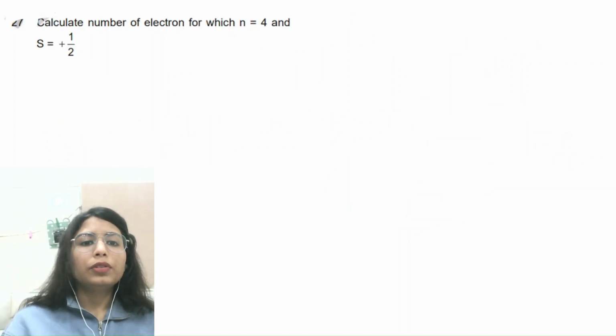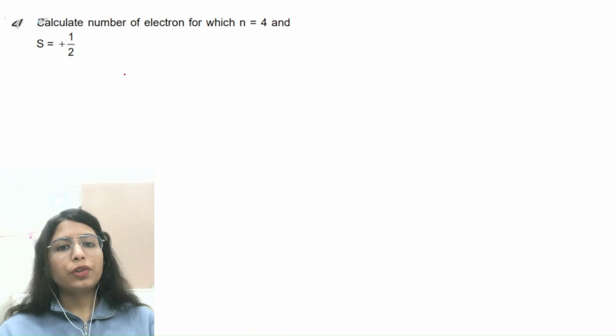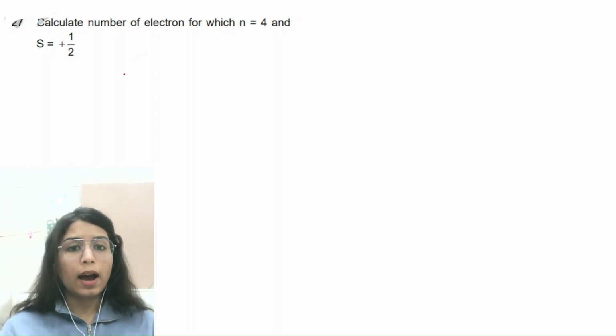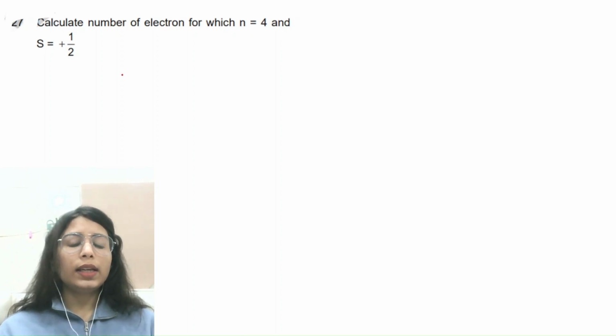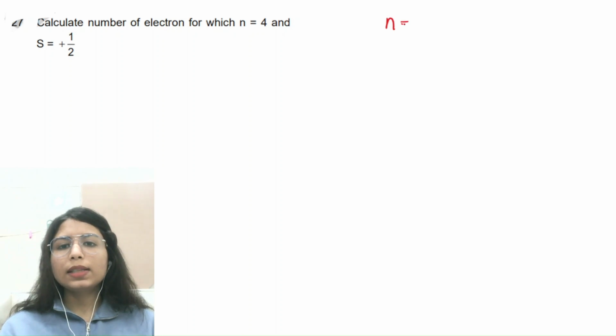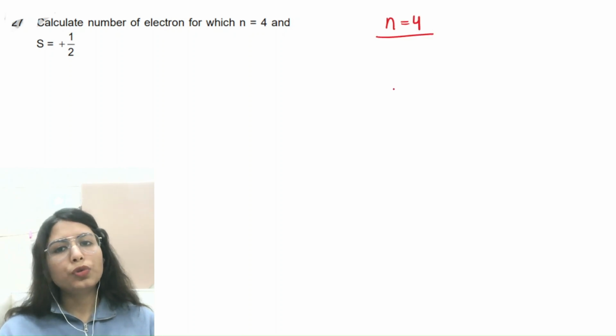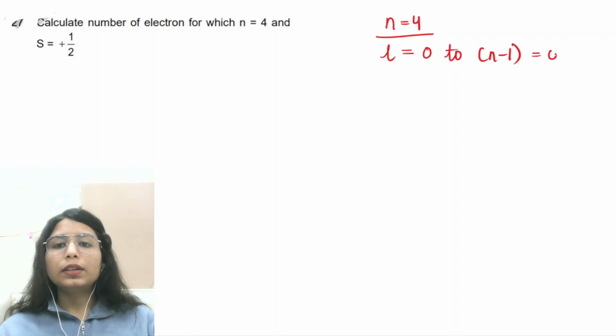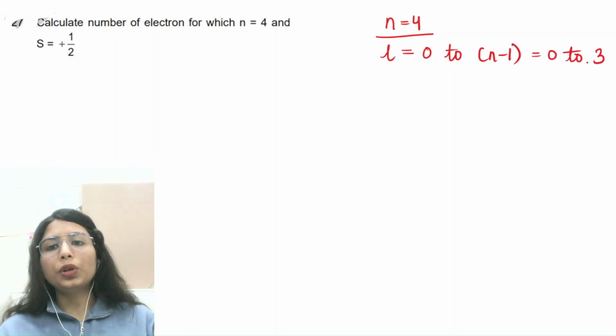Here we have: calculate the number of electrons for which n is equal to 4 and s is equal to plus half. So basically in this question, the principal quantum number n is equal to 4 is given to you, and you know that the possible L values will range from 0 to n minus 1, which means that here the values would be 0 to 3.